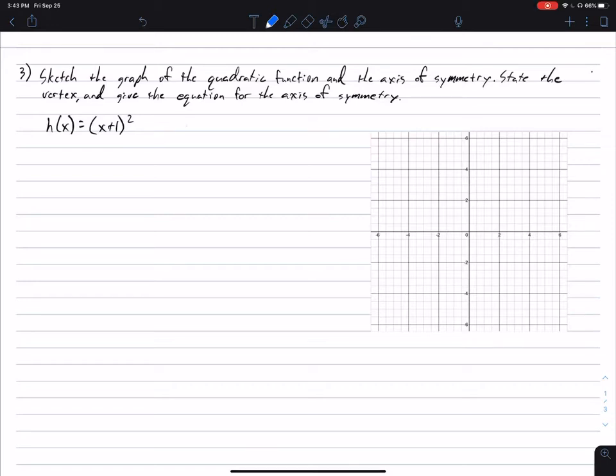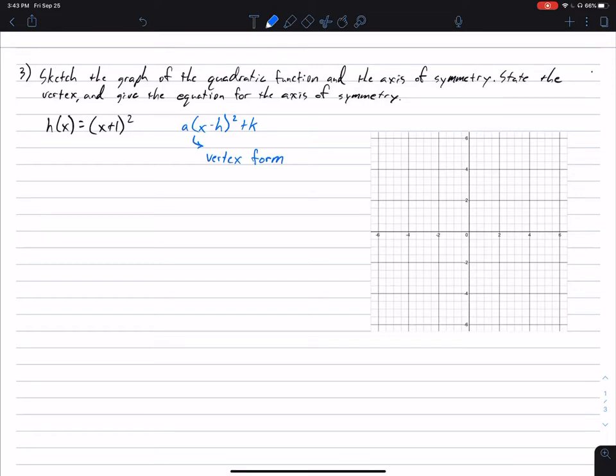So we have the function h of x is equal to x plus 1 squared. This is in the form a times x minus h squared plus k. All right. This is important to note because we're going to see this a lot and it's going to give us a lot of information. This is called vertex form.